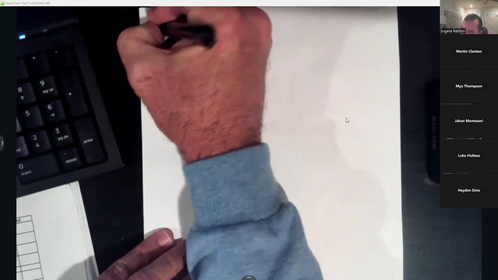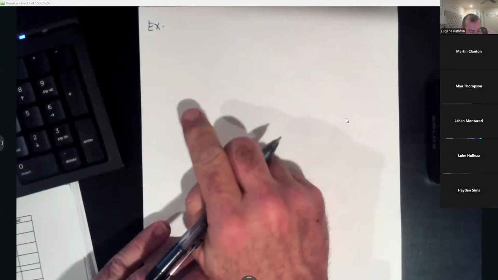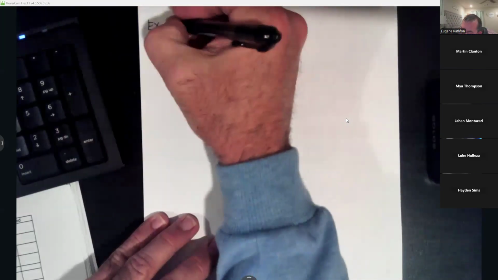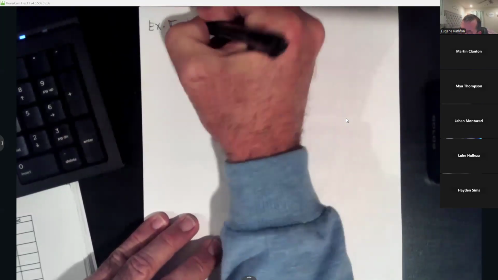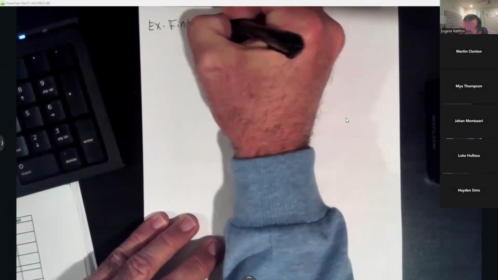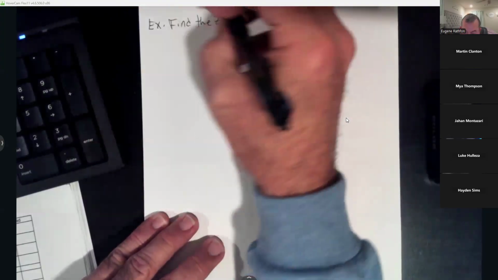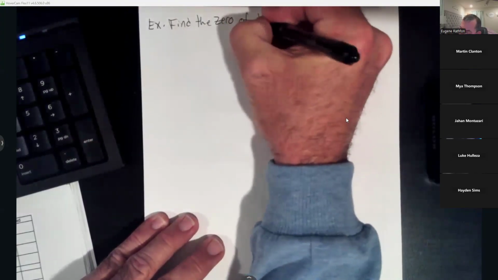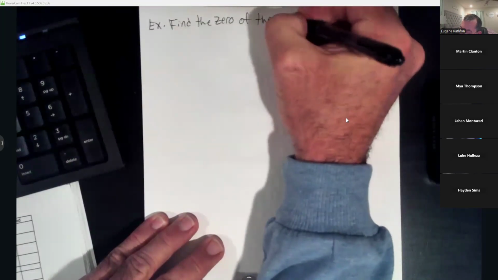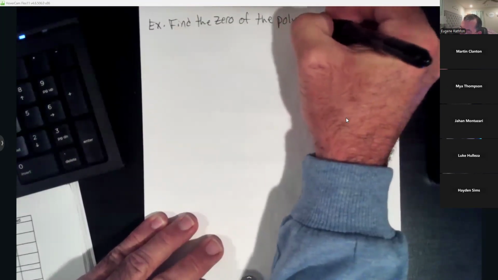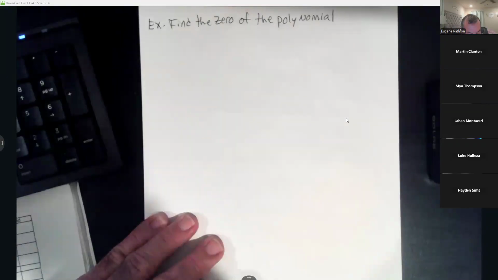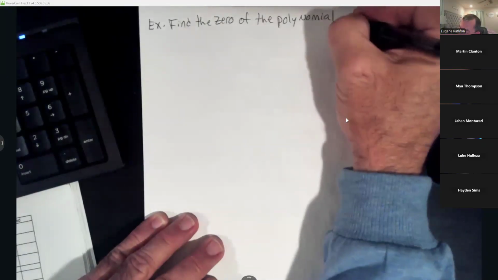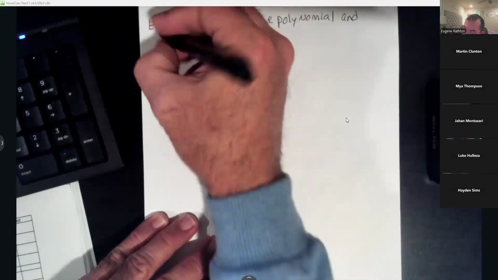So these examples start at 6. And these examples will say, find the zero of the polynomial and state the multiplicities of each.